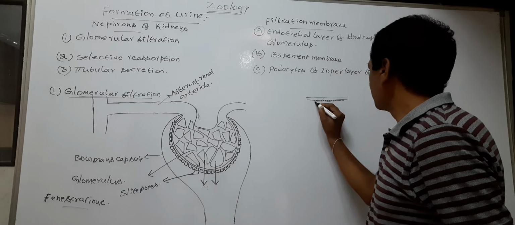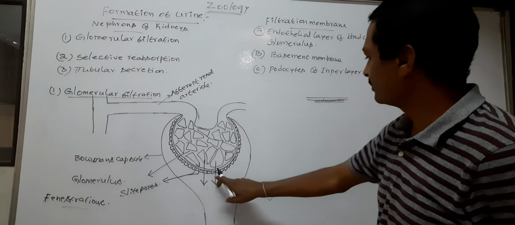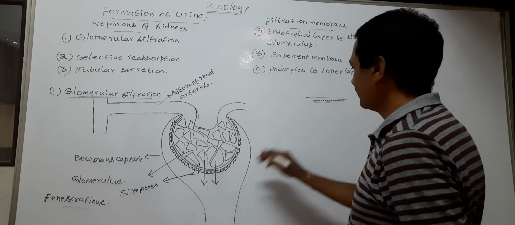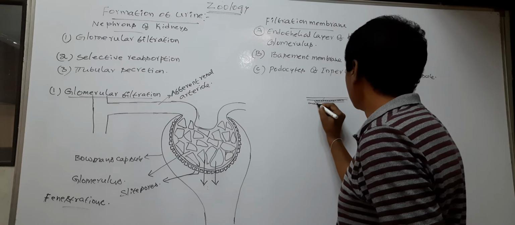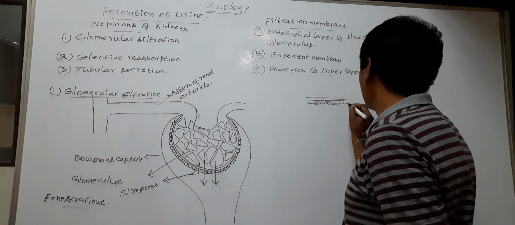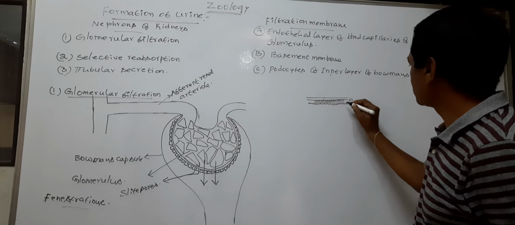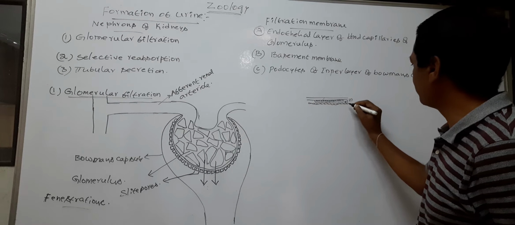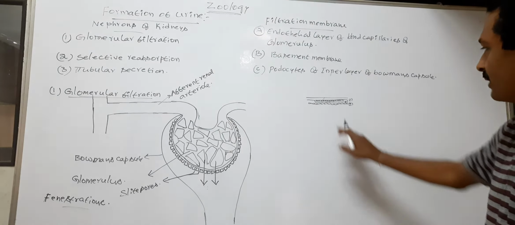Next, this is the basement membrane. Next, the inner layer of the Bowman's capsule is made by cuboidal cells. So this is the first layer, this is the second layer, the basement membrane, and this is the podocytes of Bowman's capsule.